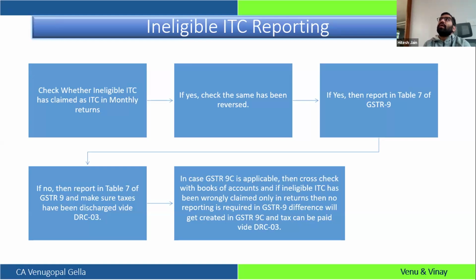Contrary to this, if the taxpayer is liable to file both 9 and 9C, then we need to check whether such ineligible ITC has been accounted in his audited books of accounts.